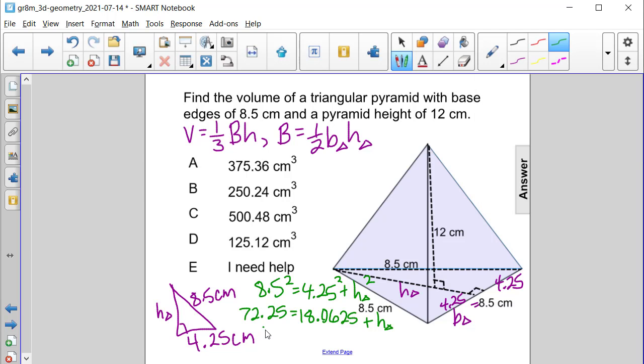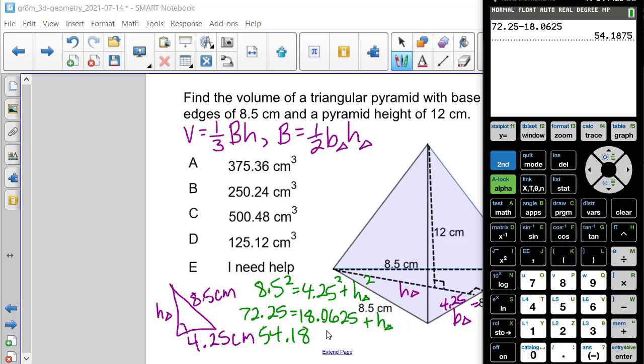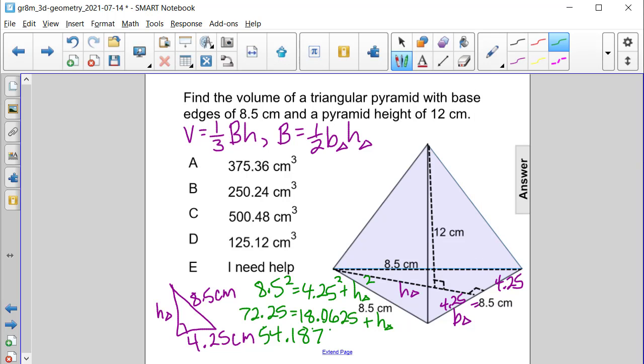54 1,875 10,000ths is equal to the height of our triangle squared. And then in order to find the height of our triangle, we have to square root both sides. Because this is talking about a length, we only have to worry about the positive value of it.